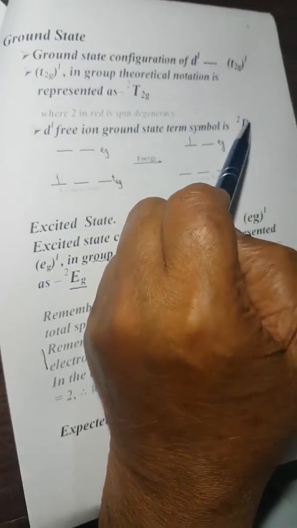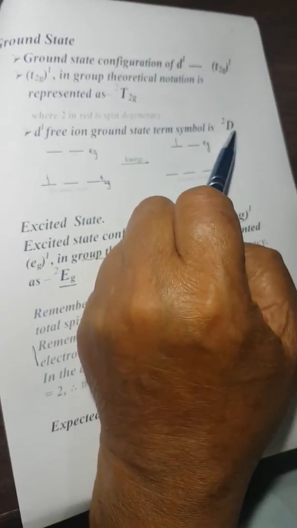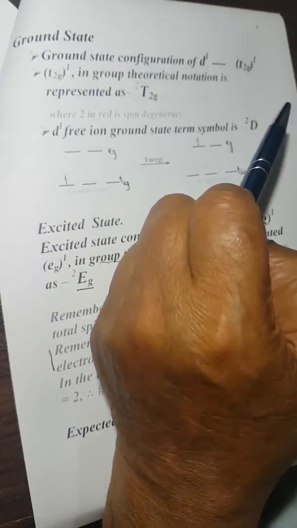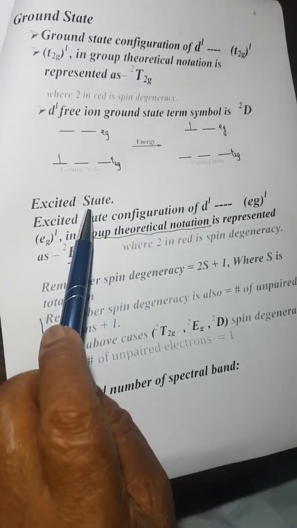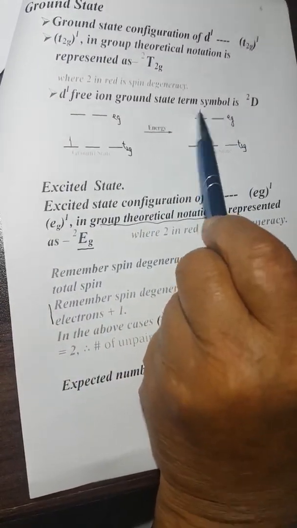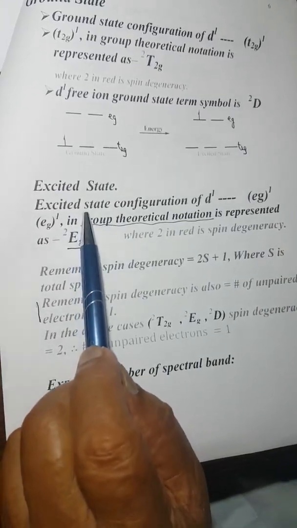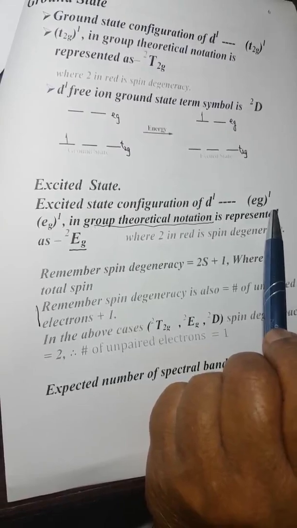Later on, in my next lecture, I will put d2 in the crystal field and see what happens to this energy state. Excited state is this, which is eg1. So I have written here, excited state configuration of d1 is eg1.